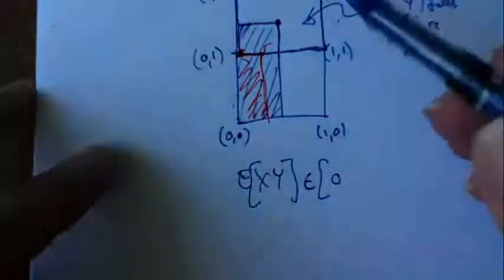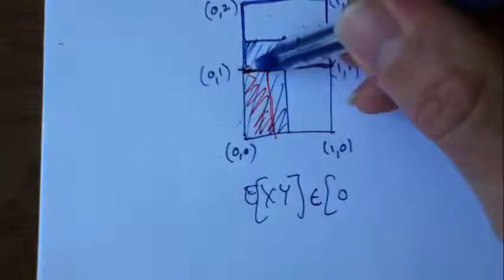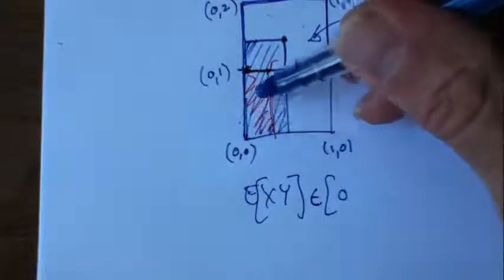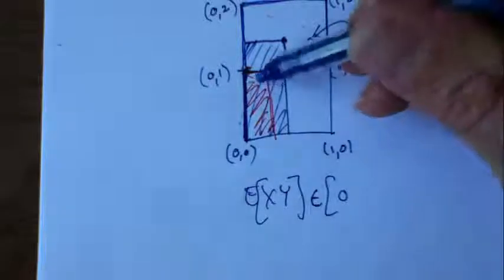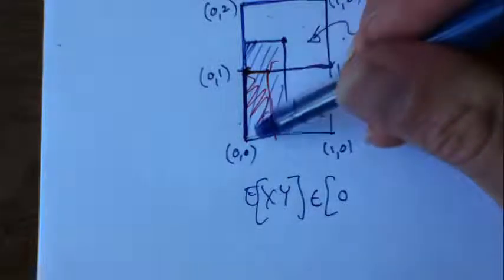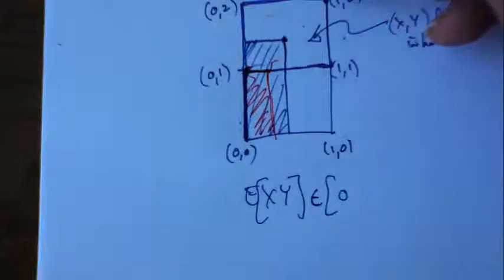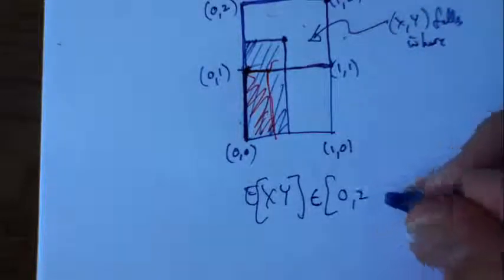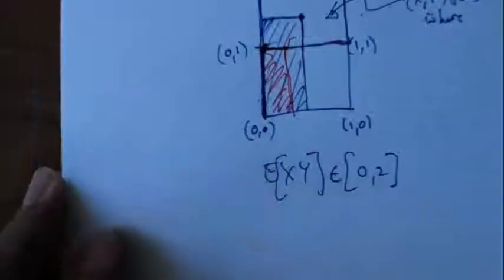The smallest the area could be is if the point lands right here in this corner, then the area of this little piece right here is 0 because its width is 0. Or the maximum it could be is if the point lands way up here, then the area is 1 times 2. So my answer should be somewhere between 0 and 2.